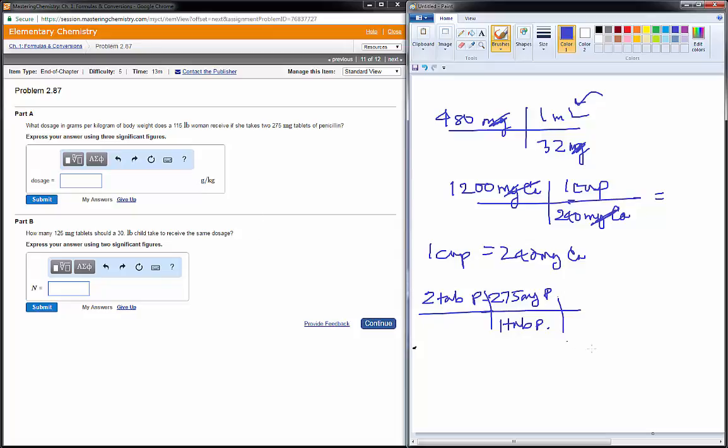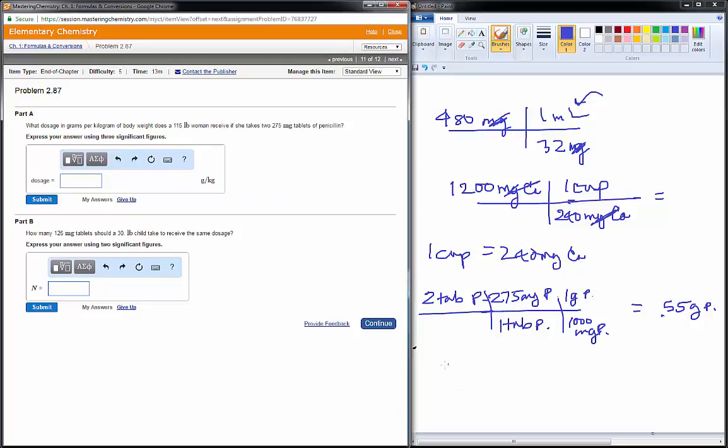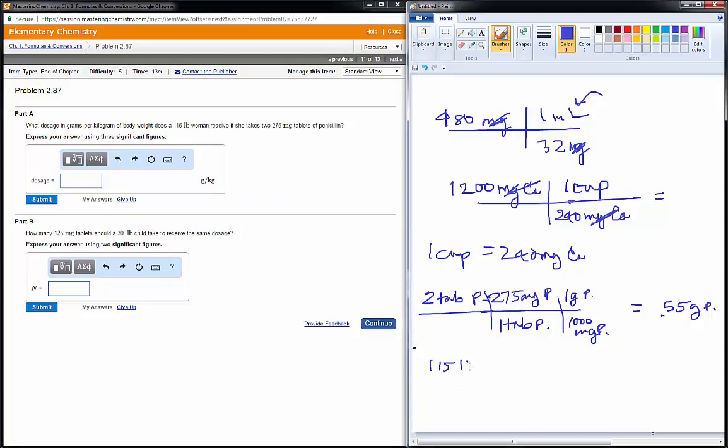They want grams here, so 1,000 milligrams of penicillin are in 1 gram of penicillin. Now I can actually keep going. I like to stack up all my conversions on one line, but it doesn't hurt to stop and do separate conversions as well. This is okay. There's nothing wrong with doing it this way. 0.55 grams of penicillin, and now I need the kilogram of the body weight, so 115-pound woman.